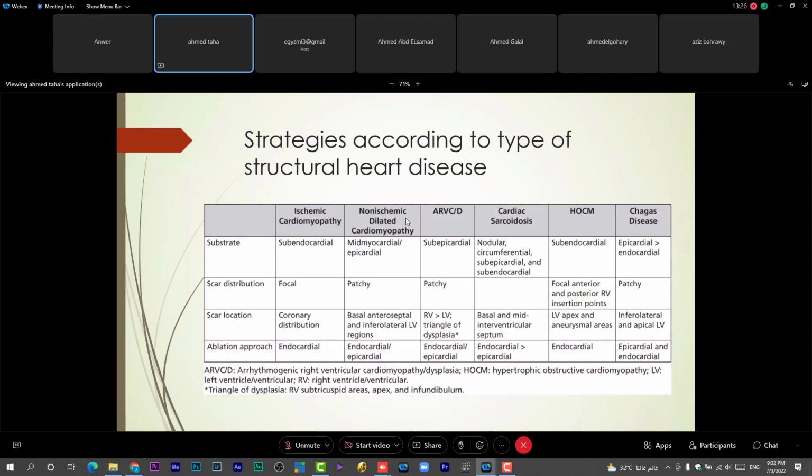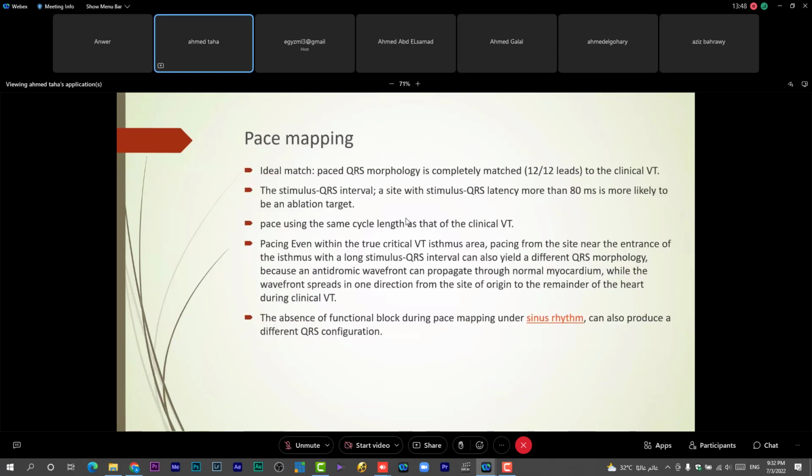Hypertrophic obstructive cardiomyopathy, which is the most difficult one, it's all the time the LV apex and the aneurysmal area, sometimes in the septum itself, and we use different ablation techniques like alcohol ablation. Chagas disease, I haven't seen in my life except one case, so I will not give more data about it.